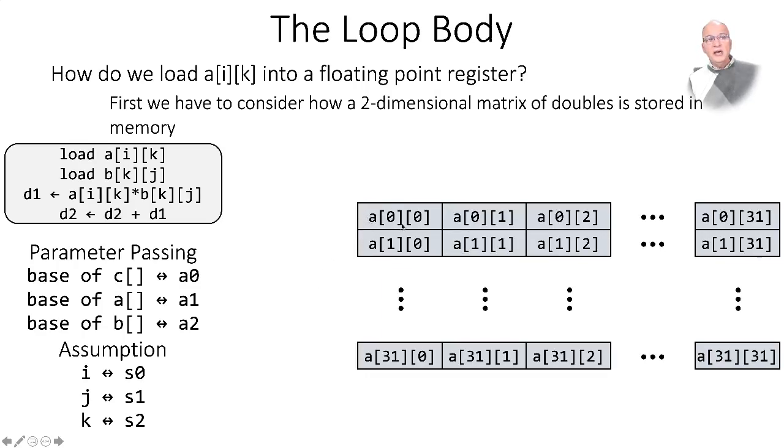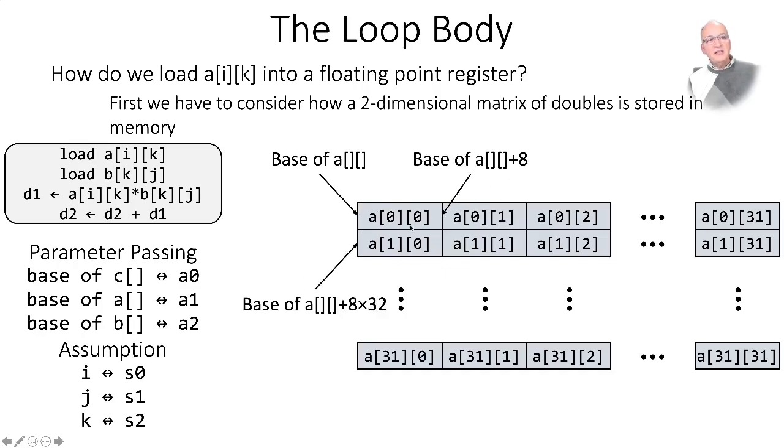We store A00. Next to A00 comes A01. I am assuming a row major matrix order. So we store an entire row first in memory, and then the next row, and then the next row, and so on. So memory grows in this direction here. In this case, this is the base of A. This is the base of A plus 8.